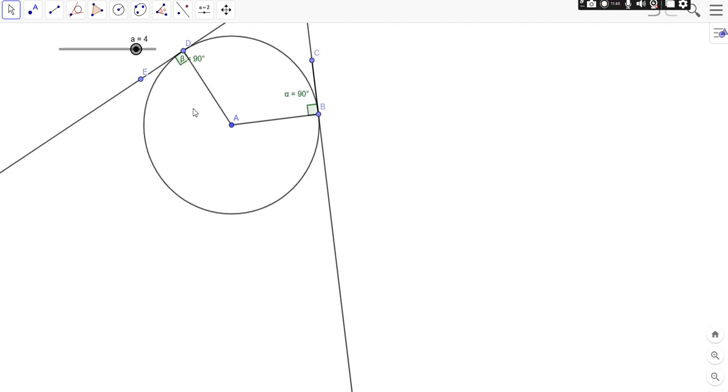We took two different points, B and D, and observed that the tangent at any point of the circle is perpendicular to the radius through the point of contact. The radius especially through the point of contact, right? B and D are the points of contact. So we have proved and visualized another property related to the circle and tangent.